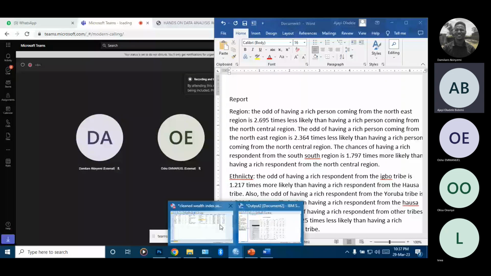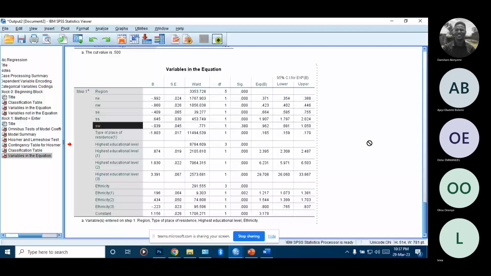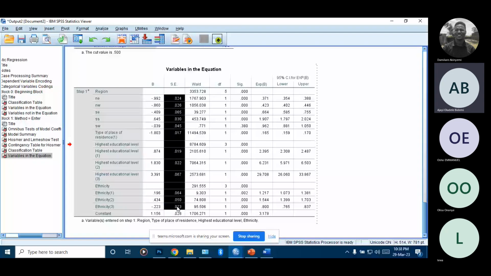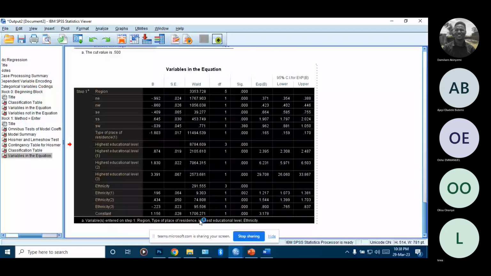So it is the odds ratio that we use to write our reports. Now, other things here: if you want to write your model, you can use these betas to write your model. These are the standard errors of your beta. This is the Wald chi-square. Basically, I don't know what it is used for, but it's also a test.